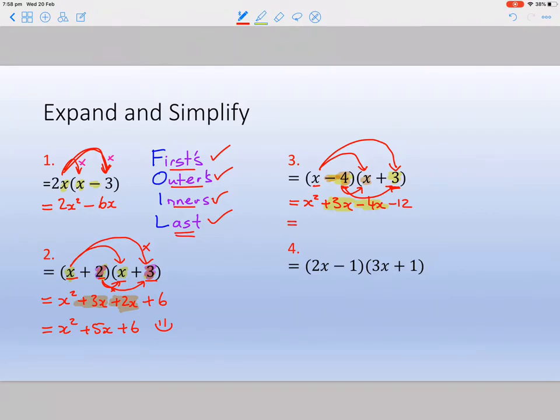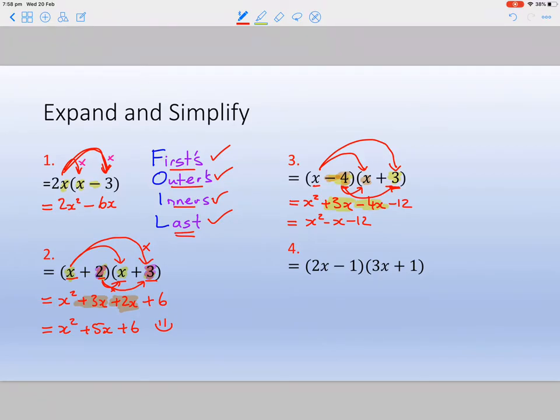So what's 3x minus 4x? Minus 1x, yeah, that's right. x squared minus 1x. But remember, we don't really write the 1, so I'm going to rub that out. Okay, well, let's rewrite it again. x squared minus x minus 12. Okay, so that's the answer to that one.